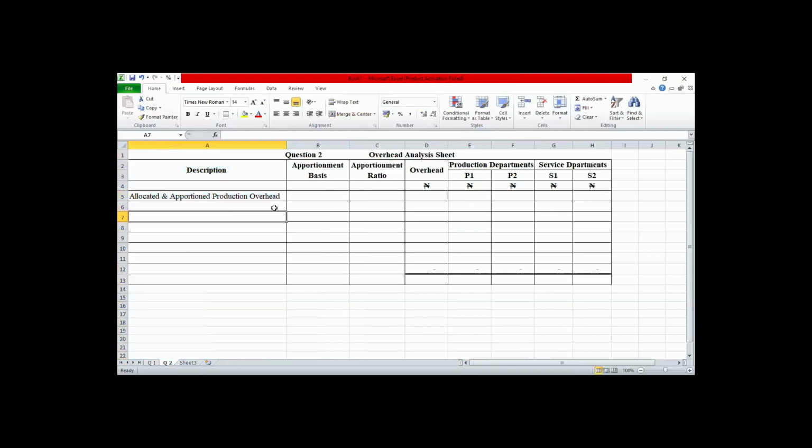Here, we don't have anything there. What is the total addition of all the overheads that they have apportioned? Give it to us to put it under our overhead for all the departments.